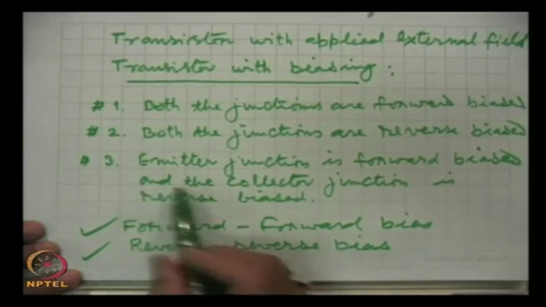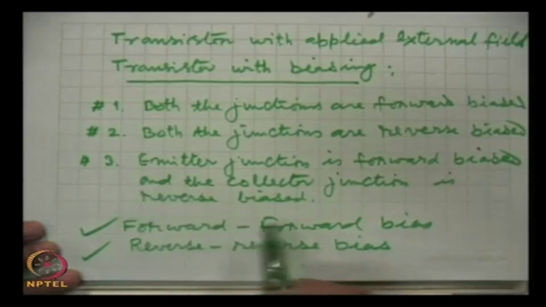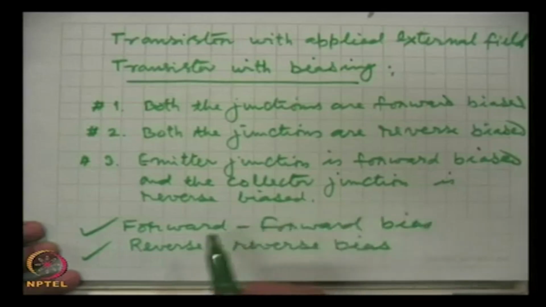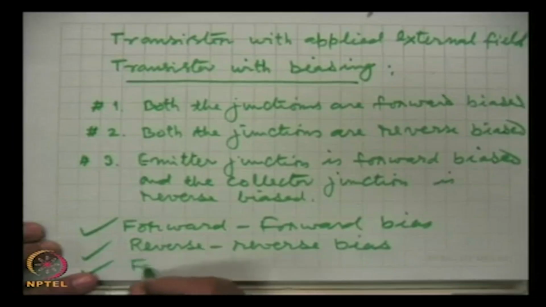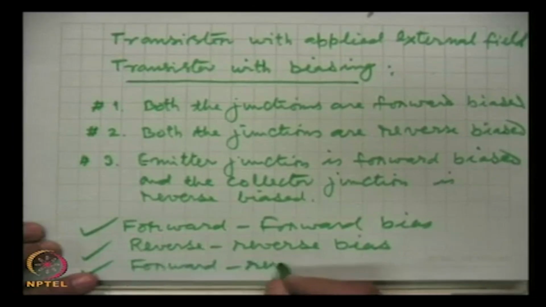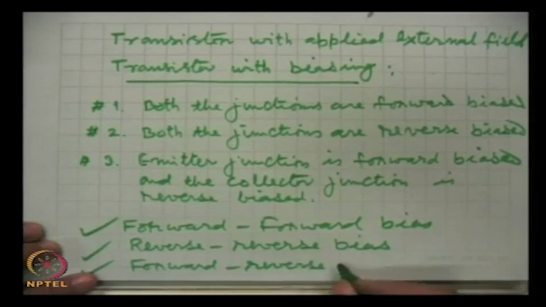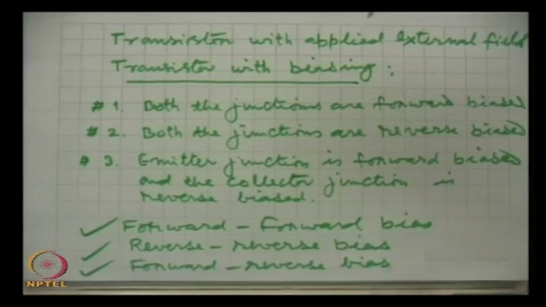And the third scheme, when the emitter junction is forward biased and the collector junction is reverse biased, is called forward-reverse bias. So, these three schemes we are going to study.